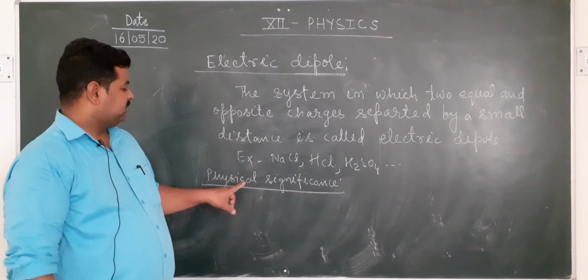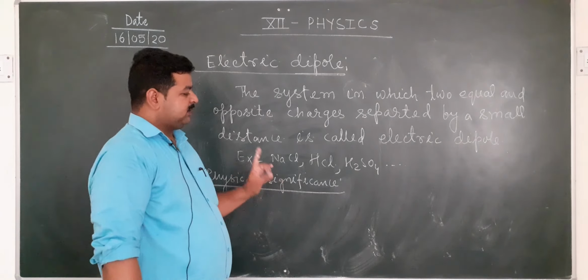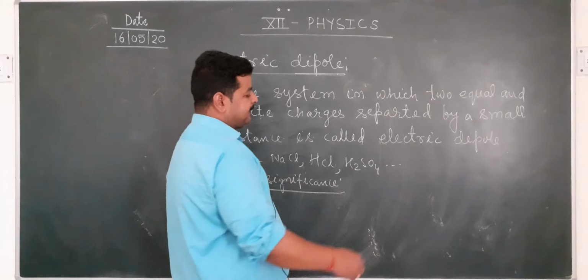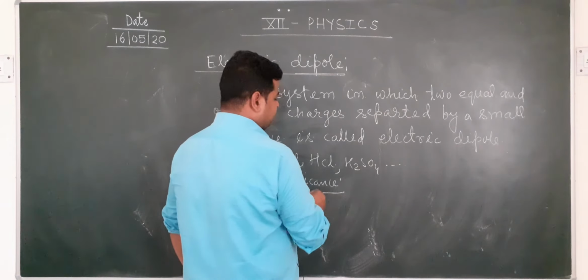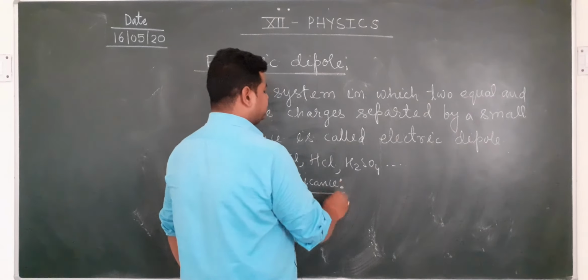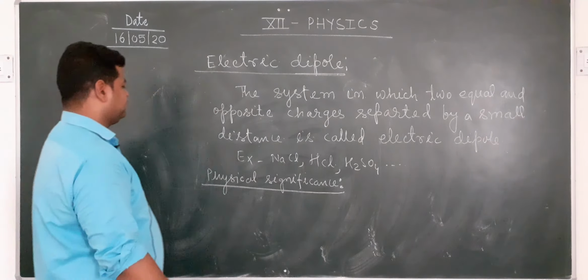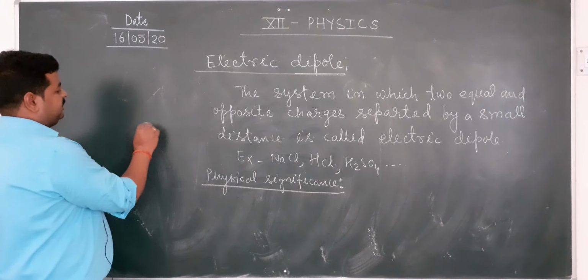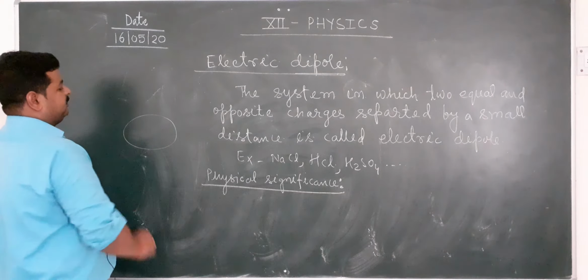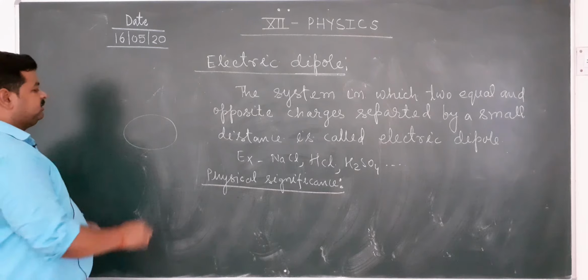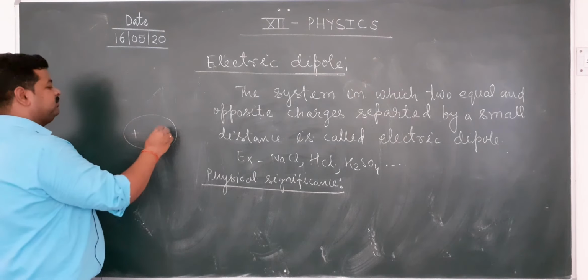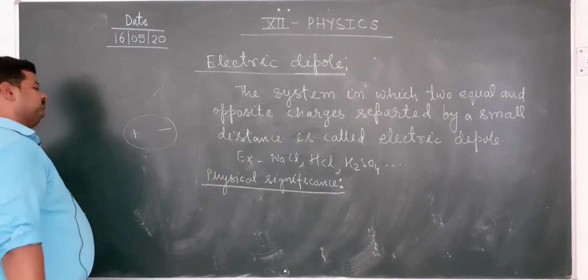Some are examples of electric dipole in which, if we observe, this is a system containing charges that are positive as well as negative.